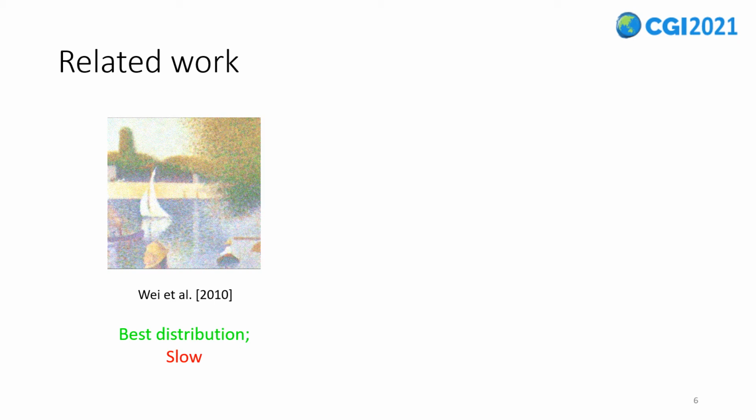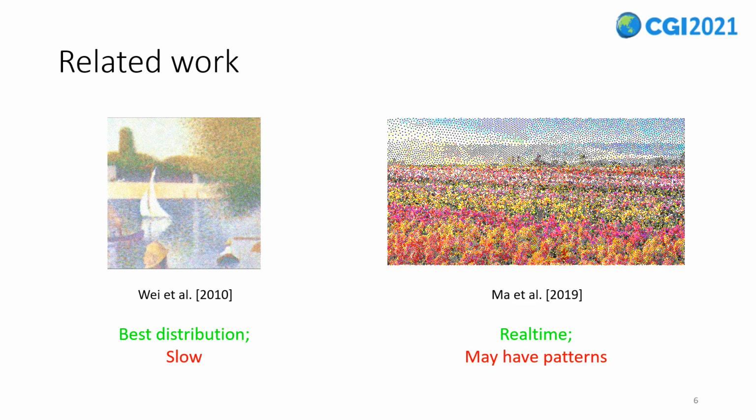This method produces pretty good results, especially in terms of spectrum, but the cost is still expensive. Ma et al. proposed a fast digital color stippling algorithm. It is able to produce high-quality stippling at real-time performance, but some patterns may be noticeable if points are numerous.